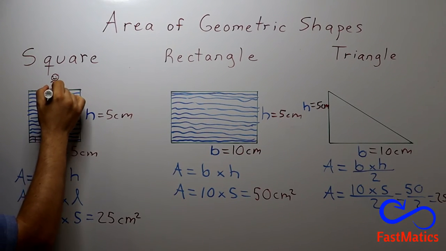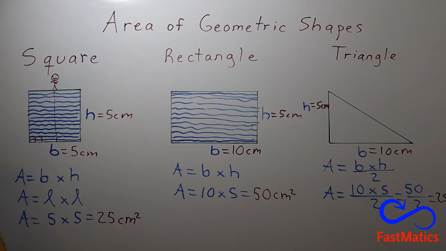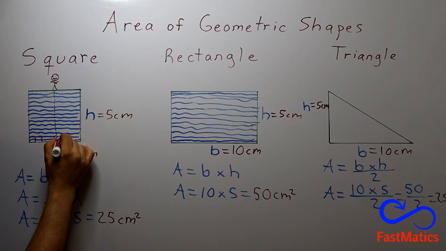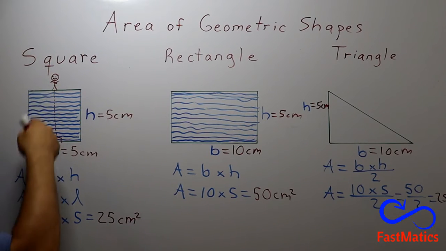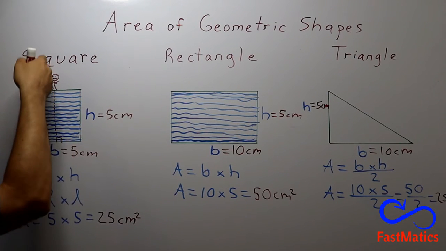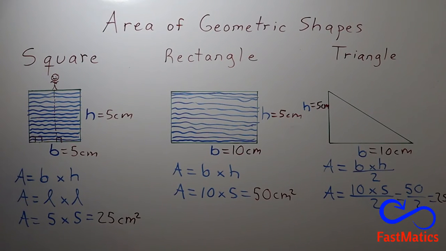The rope will be like that, having an angle of 90 degrees. So, the height of this shape is the length of the rope that you have thrown to the floor.